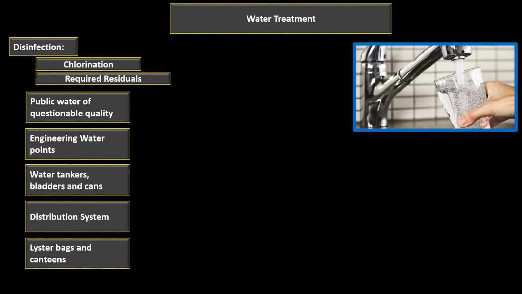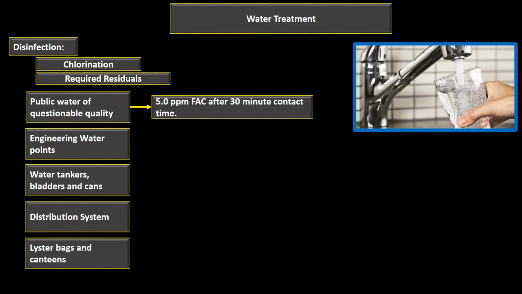When it comes to our public water of questionable quality, we're going to chlorinate that water to reach 5 parts per million of free available chlorine after a 30-minute contact time. That means we would take that public water that we don't trust and add enough chlorine to get it to 5 parts per million, and it's got to stay there 30 minutes after we've gotten it there.